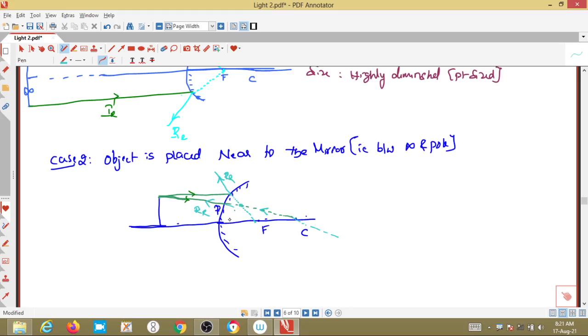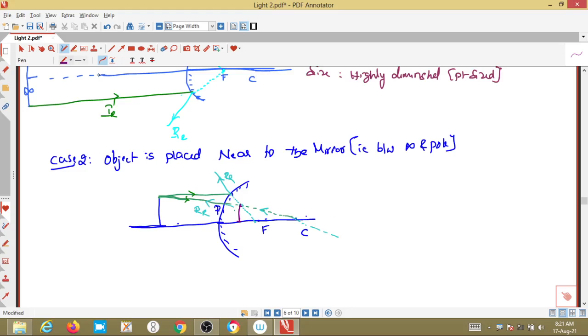Here the image is formed and the size, if you observe, is this much. So when comparing to the size of the object, it is reduced, right, okay.